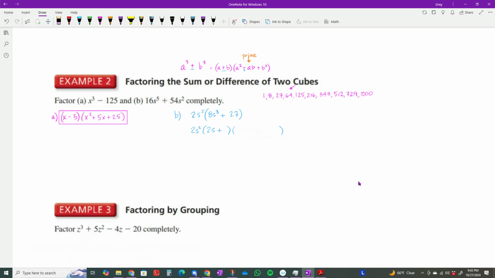Cube root of 27 is 3. Then I'm going to take 2s and square it and get 4s squared. Change the sign, multiply them together, 6s, and square the last one, plus 9. That's all it is. Again, recognizing those patterns is a lot easier.